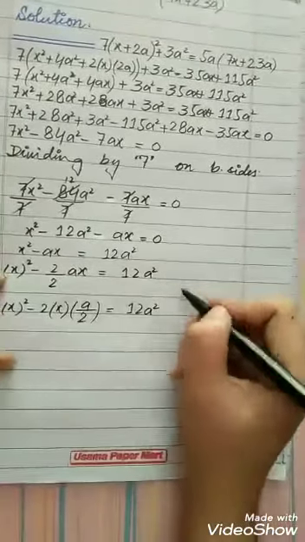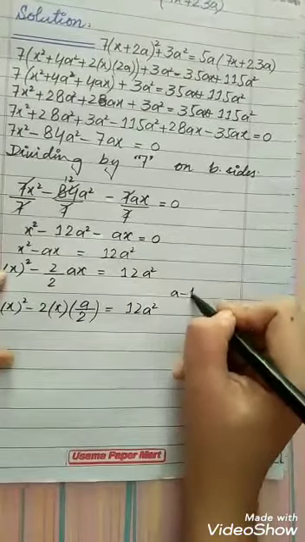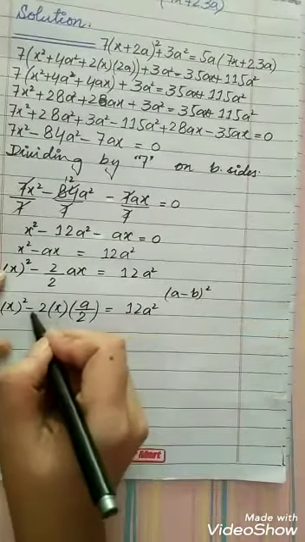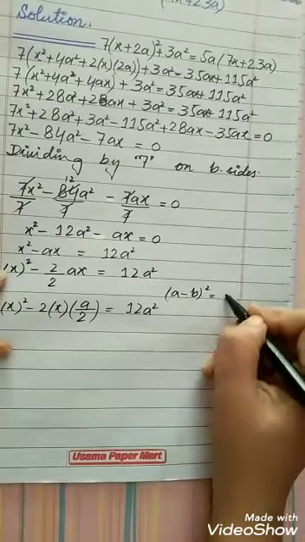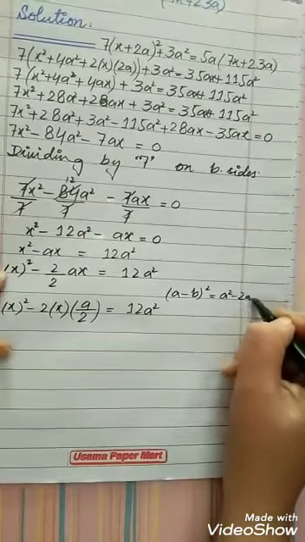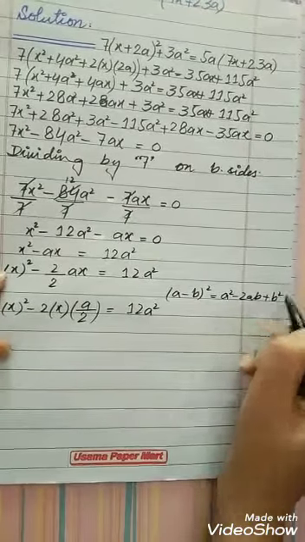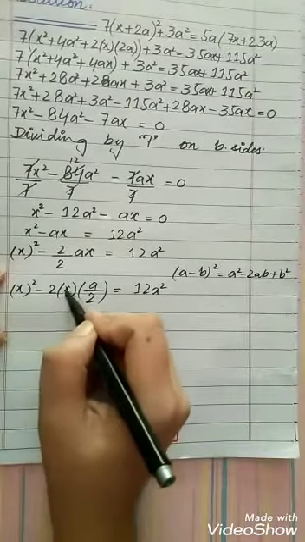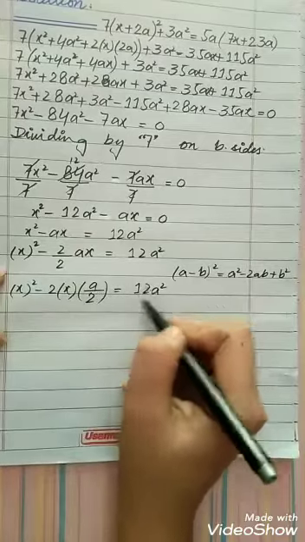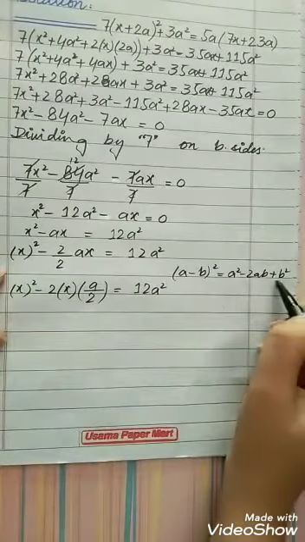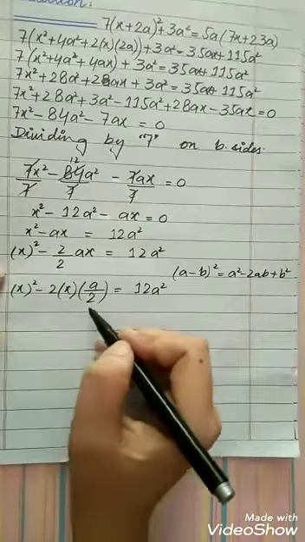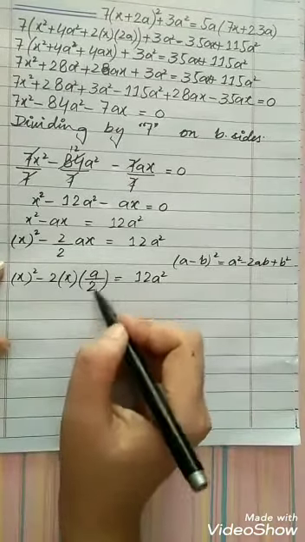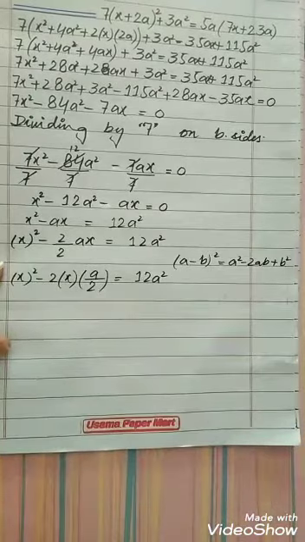You know students, the formula is (a minus b) whole square, we will use the negative formula because with 2 there is a negative sign, equal to a square minus 2ab plus b square. Here a square minus 2ab is equal to 12a square, but b square is missing here, so we have to make b square.